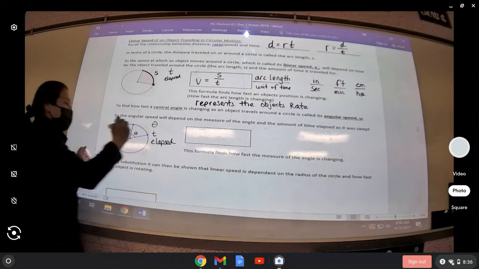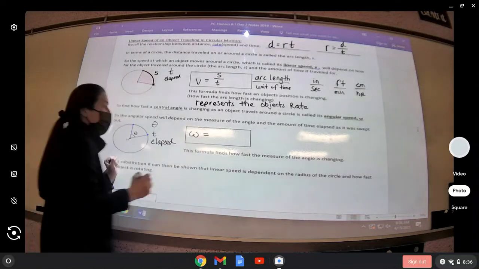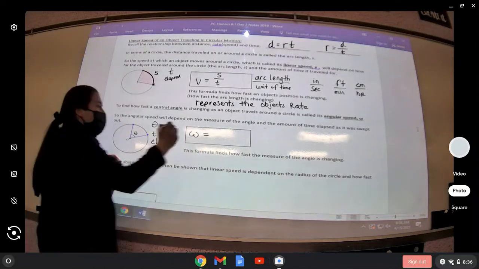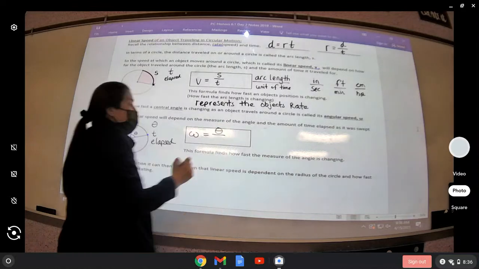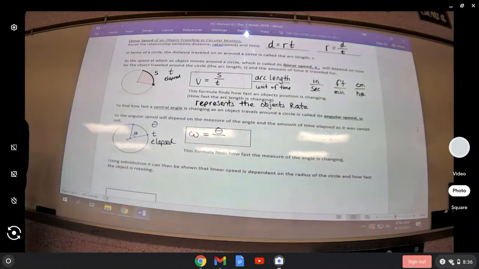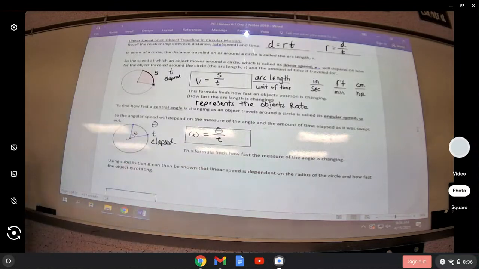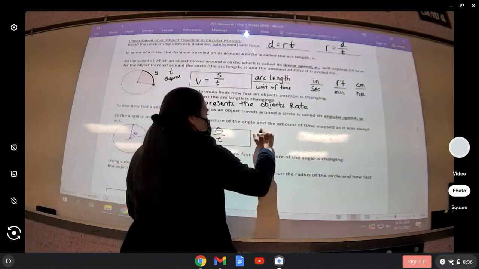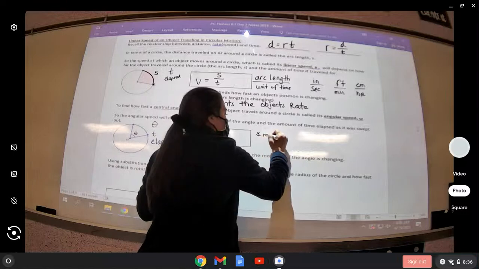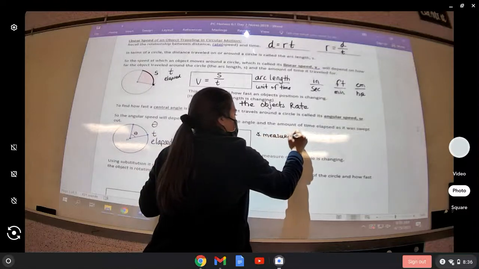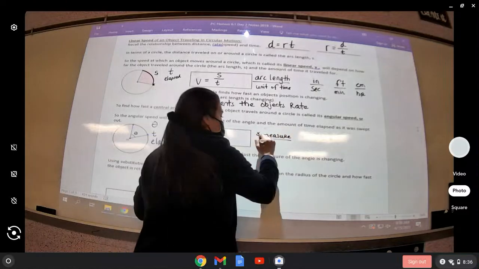So the angular speed, omega, will be equal to how big the angle got, theta, and then how much time it took to create the angle of that size, t. This will be an angle measure in radians over a unit of time.